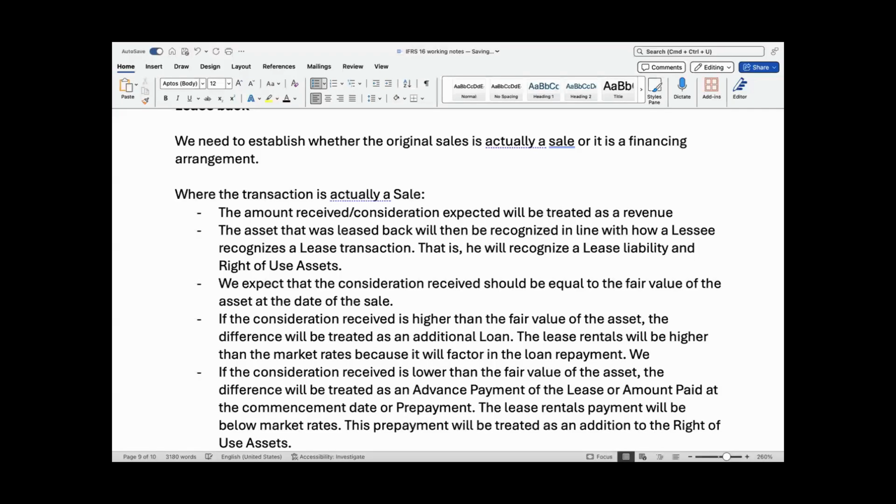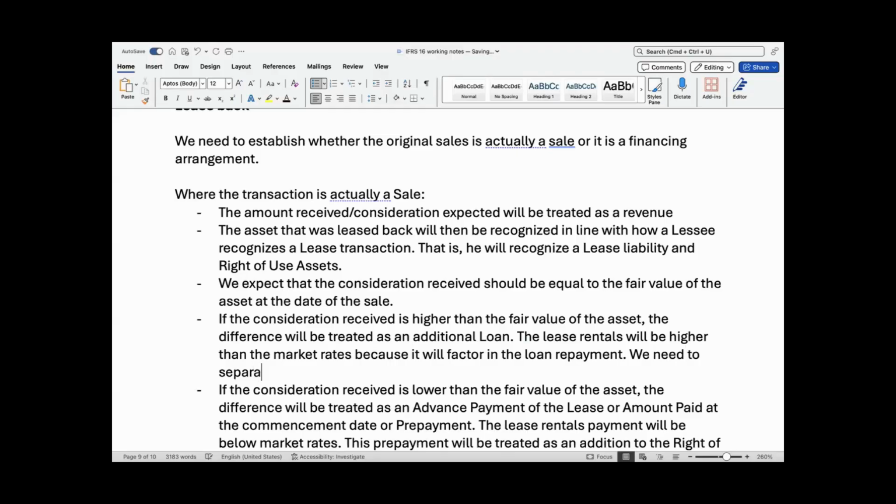So we need to separate the lease liability and the loan. You have to be very careful. If the consideration received is higher than the fair value, definitely the lease rentals this lessee will be paying will be higher than the market rate.